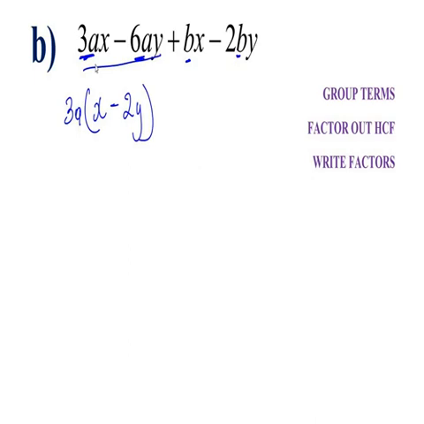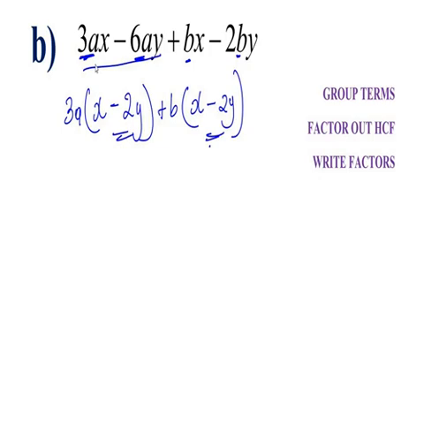Then our next highest common factor here is b. So plus b, open bracket, b into bx goes x times, b into negative 2by, we're left with minus 2y. Ding, ding, ding! We have a common binomial.